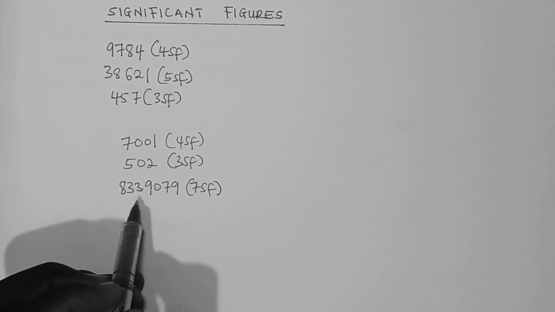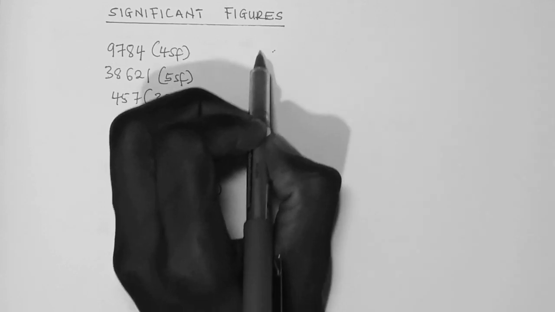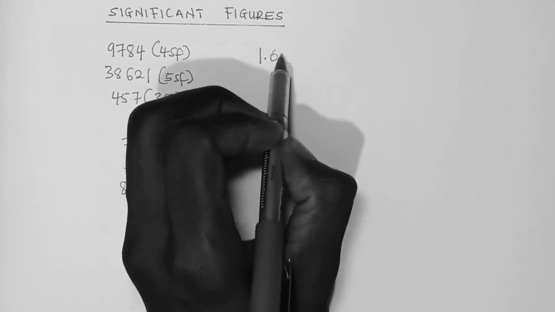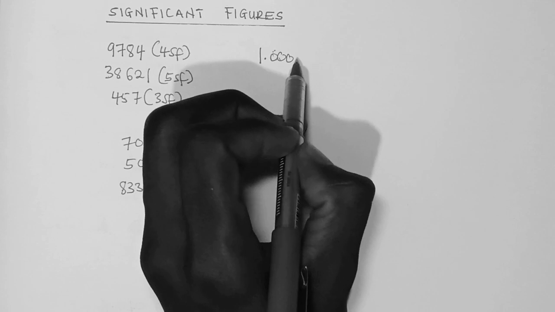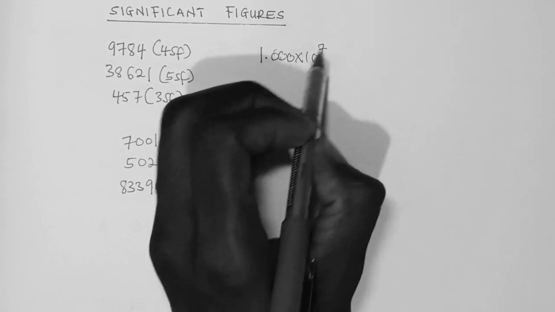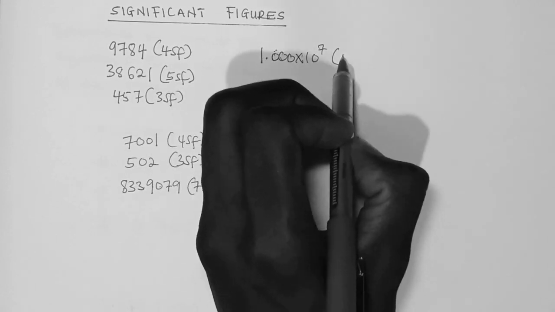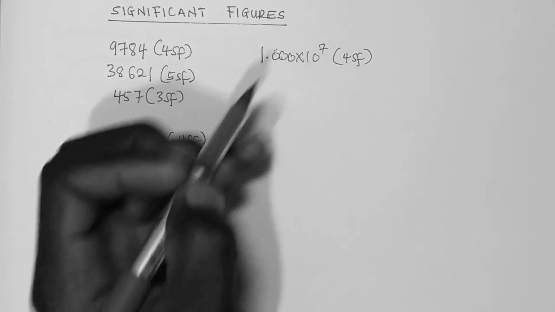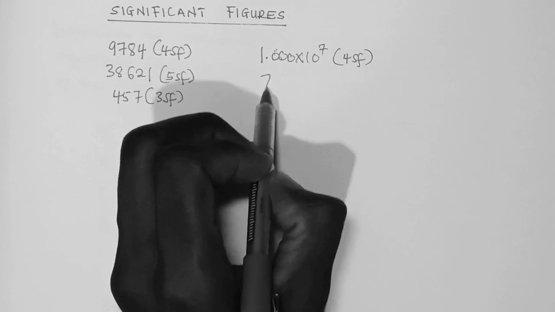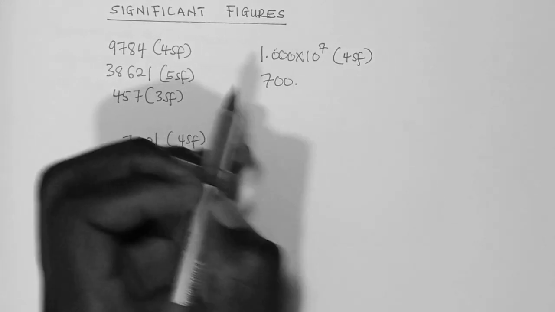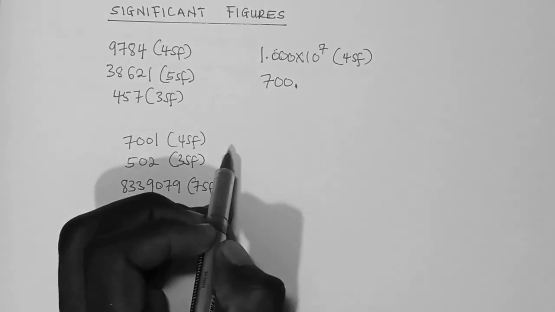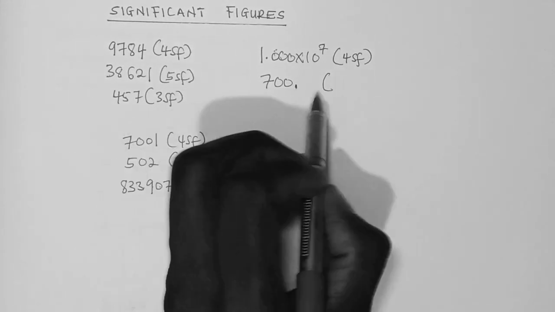Now, what if we were given 1.000 times 10 exponent 7? How many significant figures are here? So you see that there are four significant figures here. What about 700 point? How many significant figures?